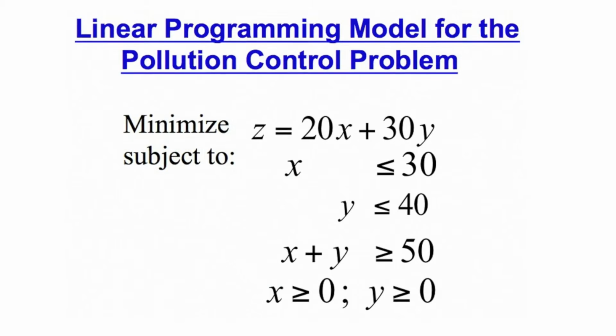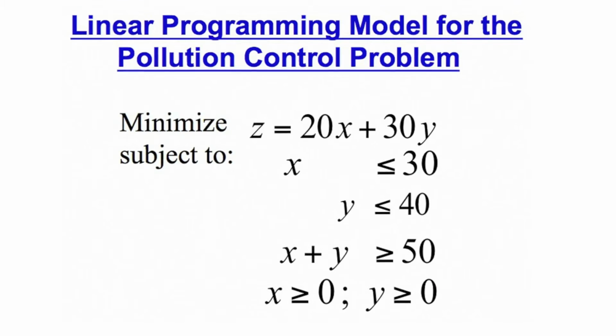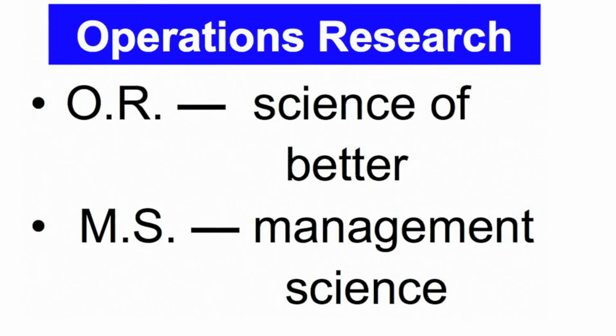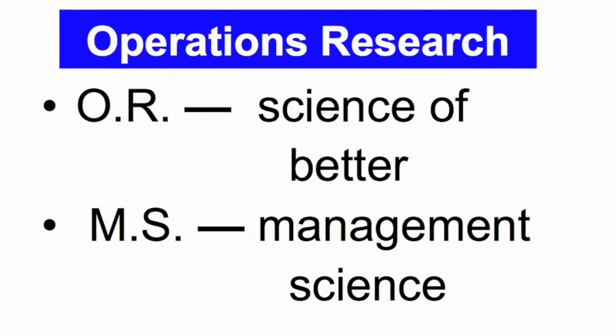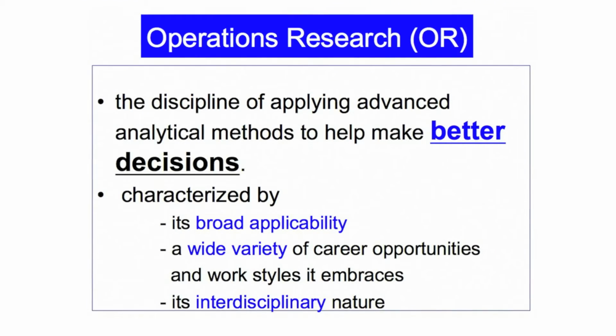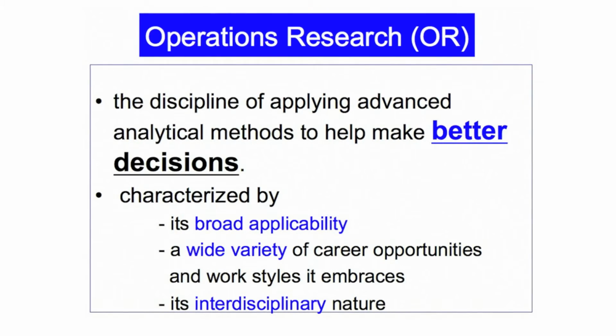Notice that all of the expressions involved here are linear. So we refer to this model as a linear programming model. It's a branch of a field called operations research, or science of better, or management science. Operations research, or OR, is the discipline of applying advanced analytical methods to make better decisions.